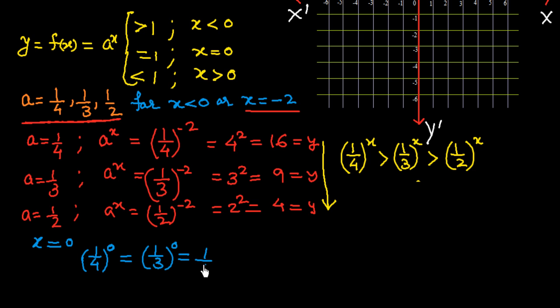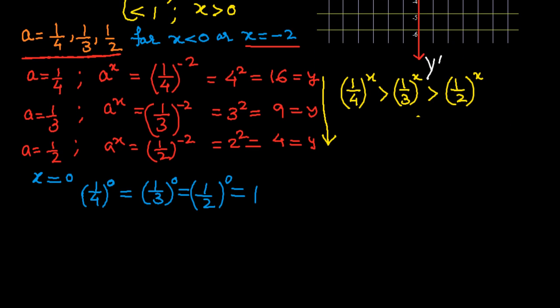And 1 by 2 power 0 is also 1. We get always 1 here. Now, we see finally the last one.